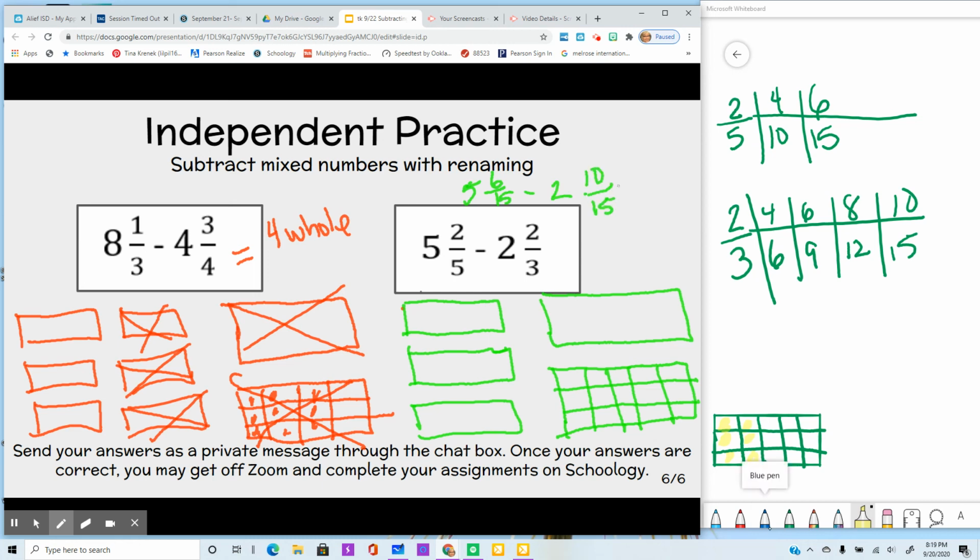So let's take out the 10. 1, 2, 3, 4, 5, 6, 7, 8, 9, 10, and then 2 whole. 1, 2. So that leaves me with 3, 6, 9, 10, 11. 2 11/15.